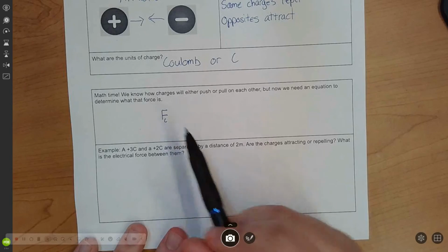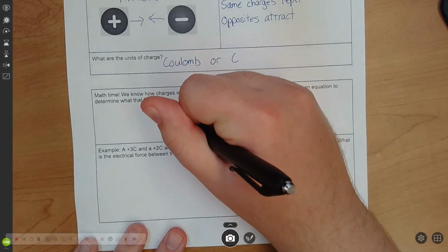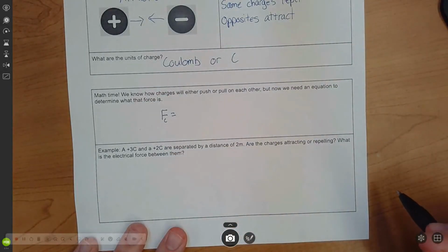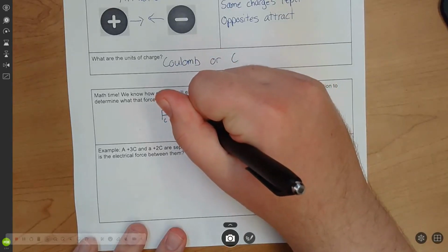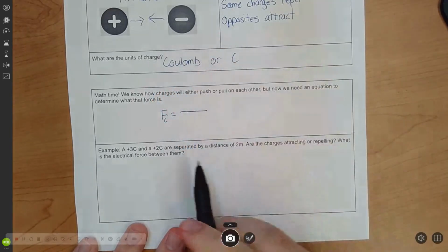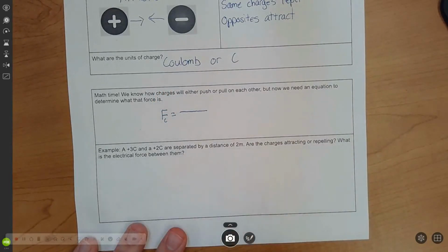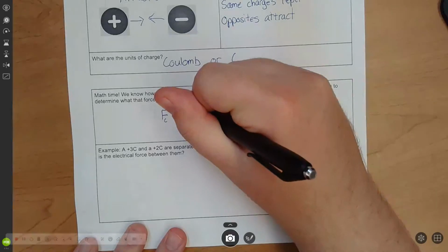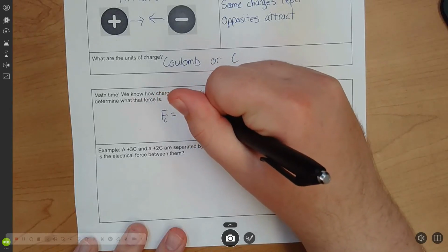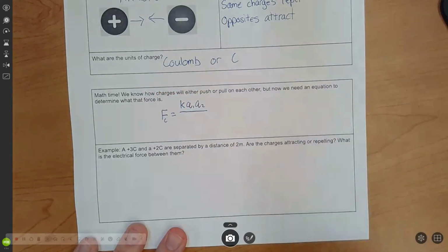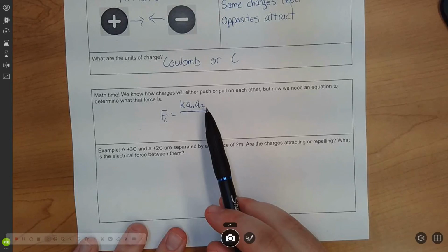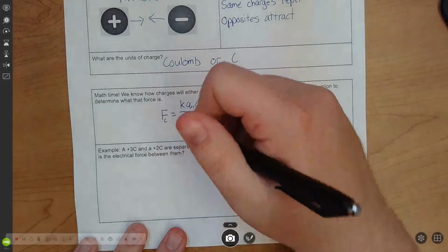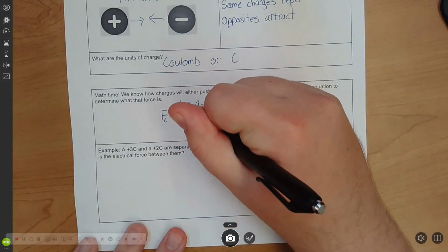So F_C for the charges equals. Now this might look a little bit weird at first. We'll talk through each step though. We've got a fraction, so you can draw that bar for a fraction. And then we've got K, Q1, Q2 on top. So K times Q1 times Q2 divided by d squared.